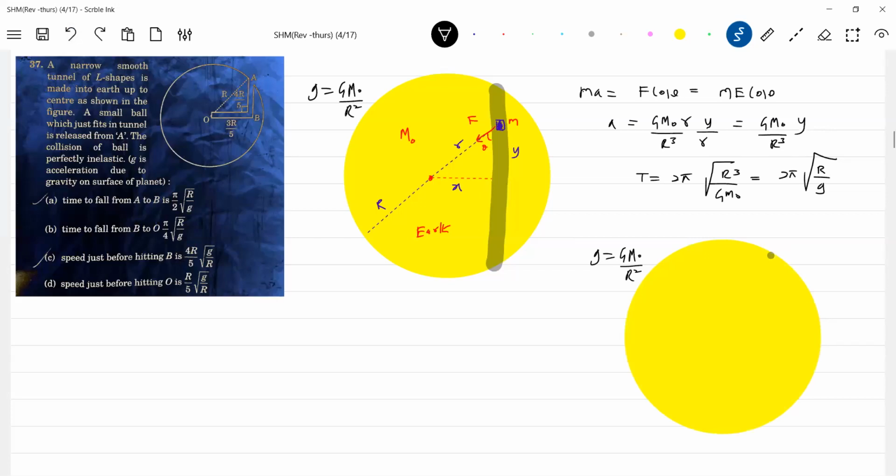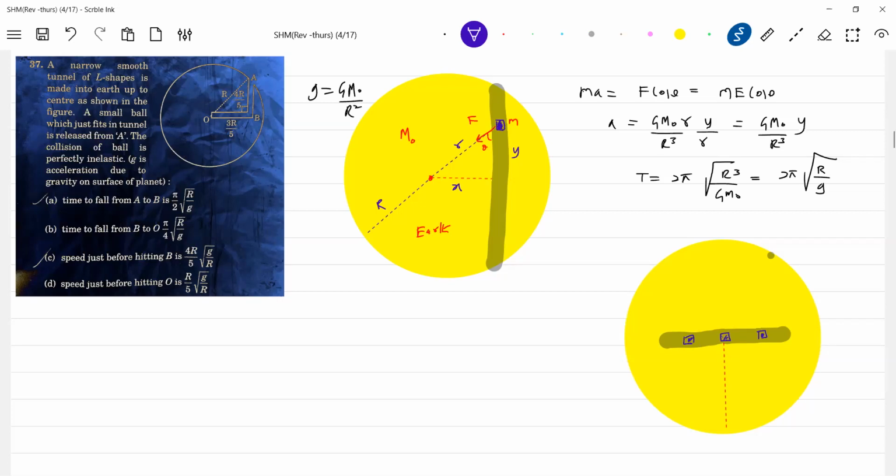I'll make the problem a little bit simpler. Just see now, this will be the radius, this one only. Now here the particle is here. You are going to displace it.